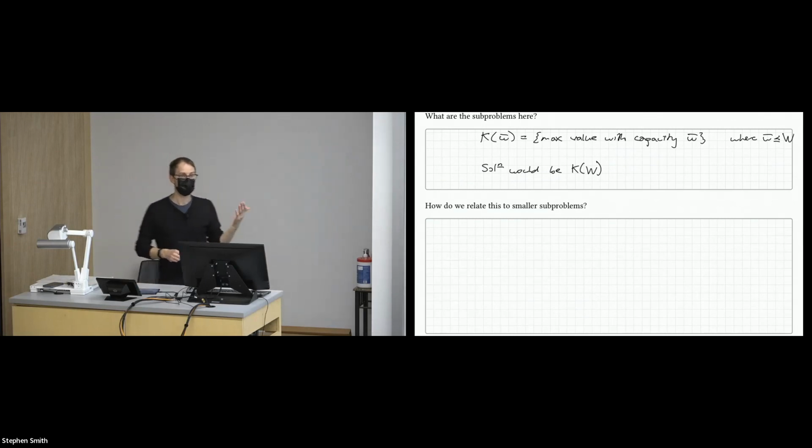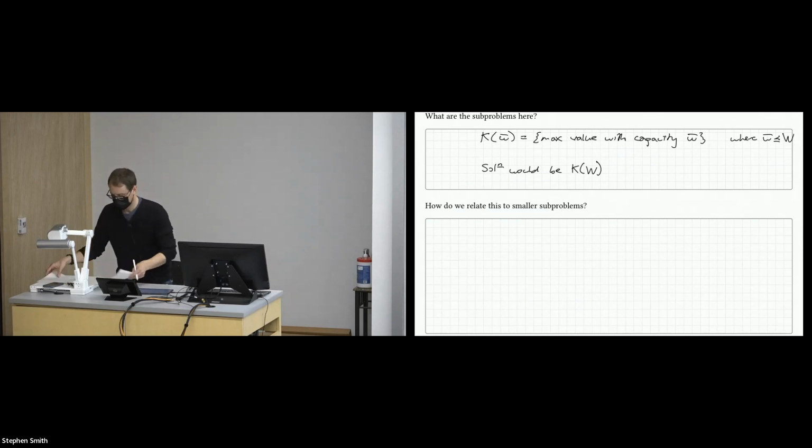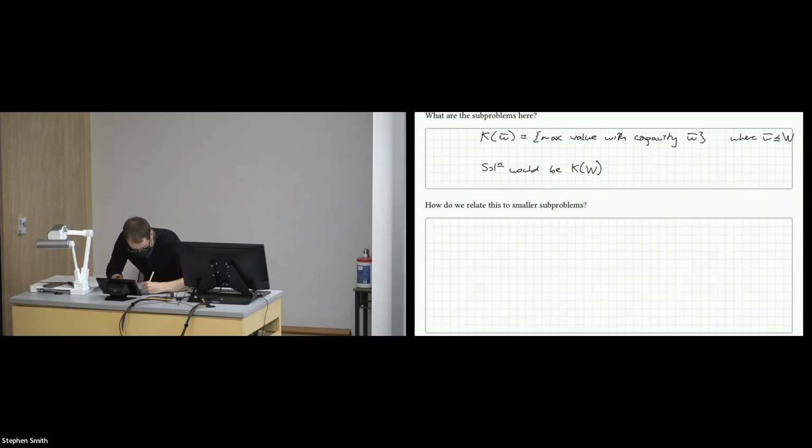So now how do we relate this to smaller subproblems? The argument here takes a minute to sink in, or to see if you agree with it. What I'm going to say is, suppose an optimal solution to K of W bar includes item i.